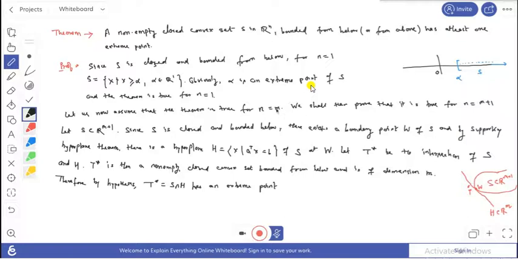So for n equals n, this closed non-empty set T star of dimension n has an extreme point.